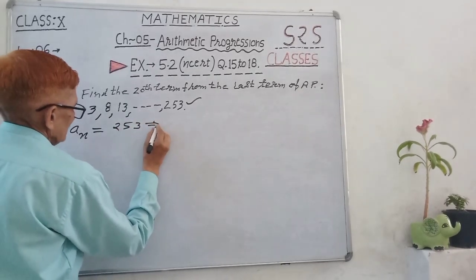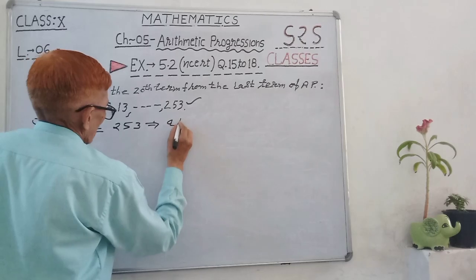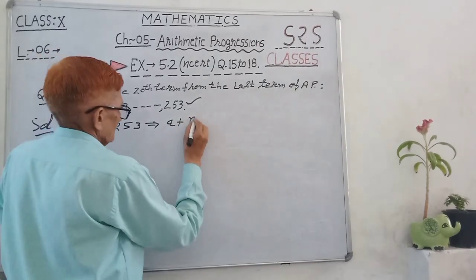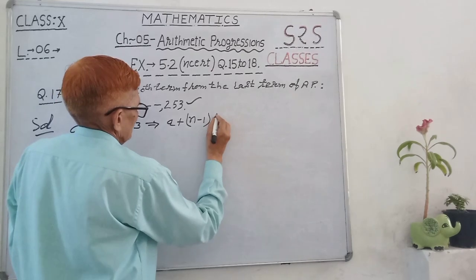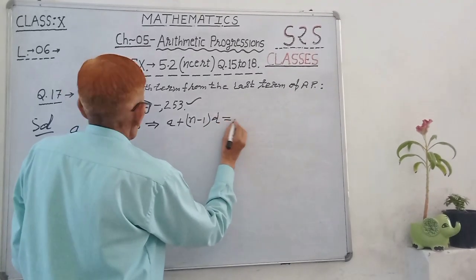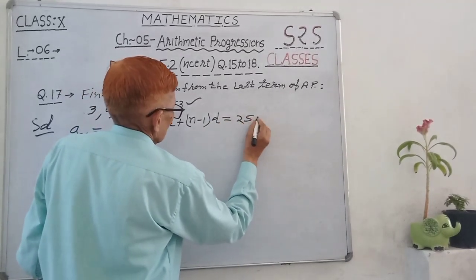This implies A plus (n minus 1) into D is equal to 253.